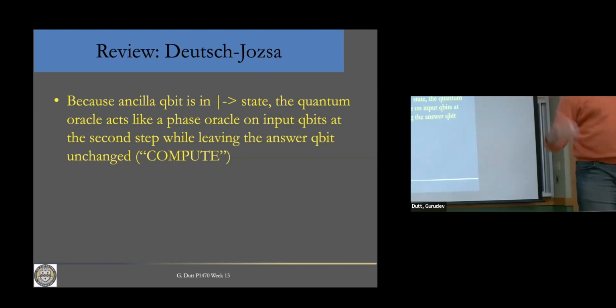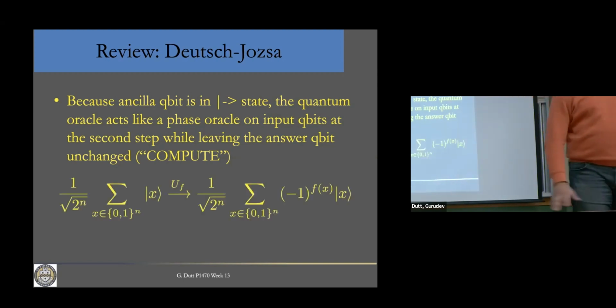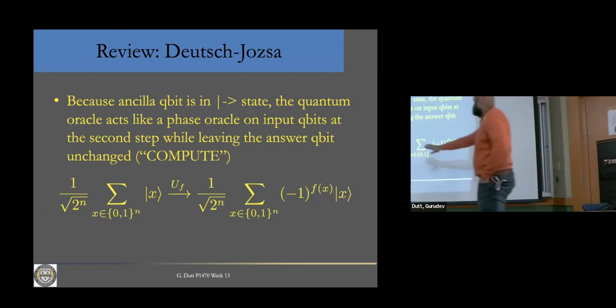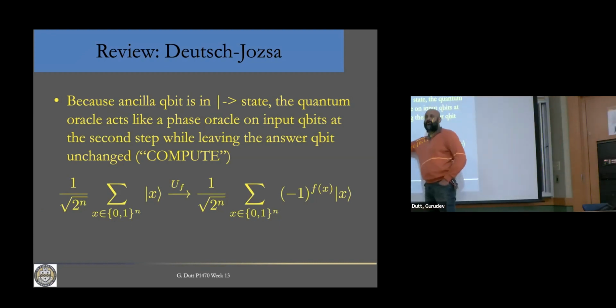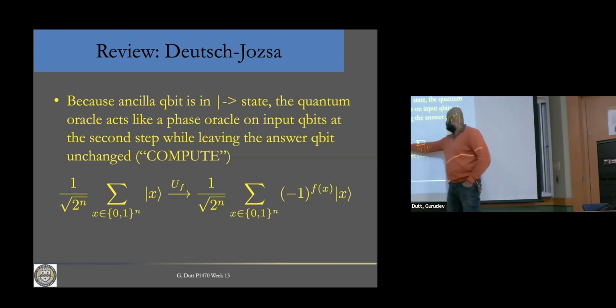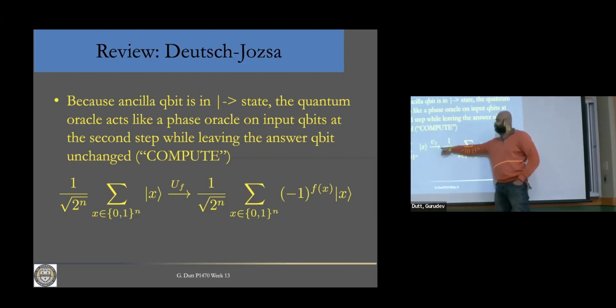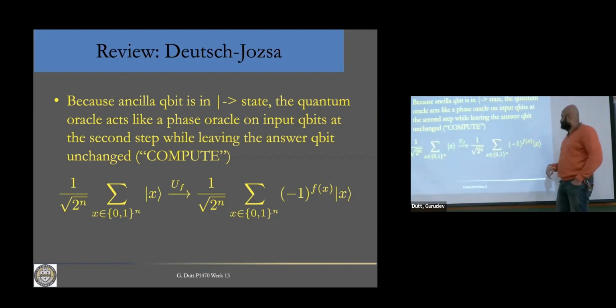This is the compute step of the Deutsch-Jozsa algorithm. Now I'm just talking about the input qubits; we are ignoring the ancilla qubit because it's unchanged. The input qubits, which started in the uniform superposition, when the oracle acts on them, because the ancilla qubit is in the minus state, that produces a (-1) to the power f(x).